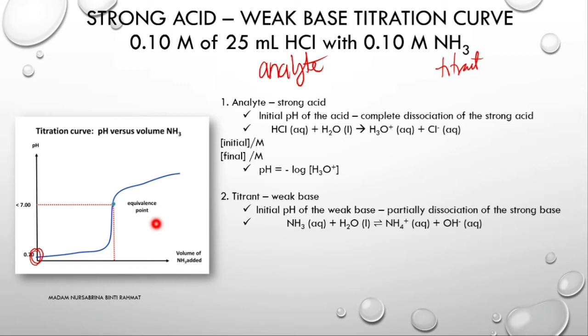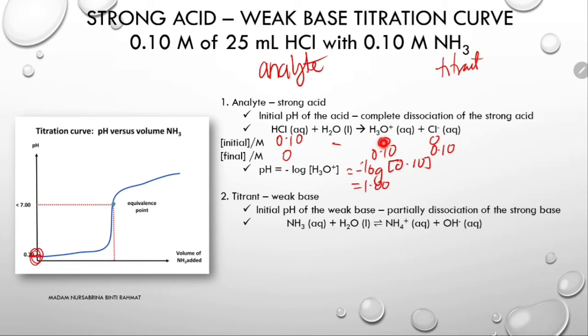So first you need to calculate the initial pH of your acid before the titration has begun. HCl is a strong acid which completely dissociates in water. I have 0.10 molar of my HCl, so all of this 0.10 molar will be converted to H3O+ as well as chloride ion. pH is simply negative log of the H3O+ concentration, and from the ICE table we have 0.10 molar H3O+, so the pH equals 1.00.